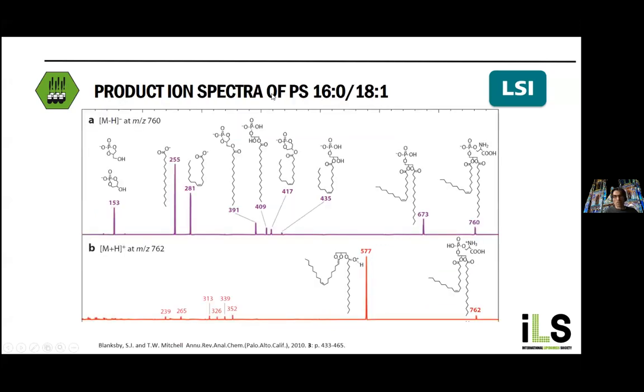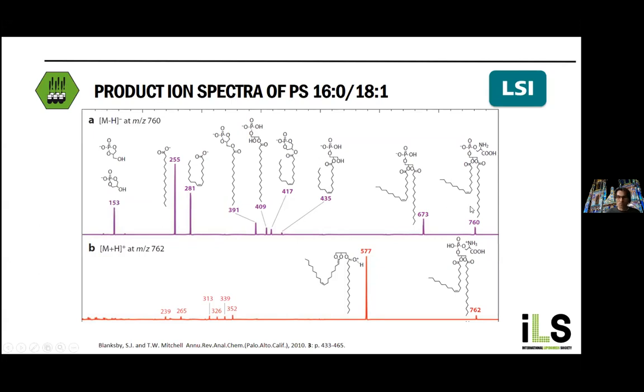This is a spectrum of a PS, from Steve Blanksby's group, and here you see you have not only these acyl chain fragments in negative ion mode, but you also have lyso type fragments, which you can use to get more evidence that your annotation is correct.